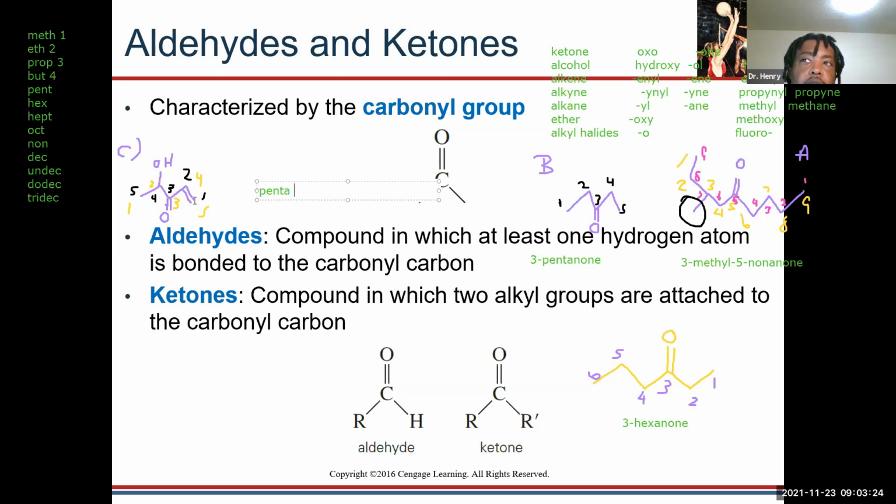The double bond is located on the 5th carbon since the alcohol has priority. So then it would be 5 dash ene dash own.